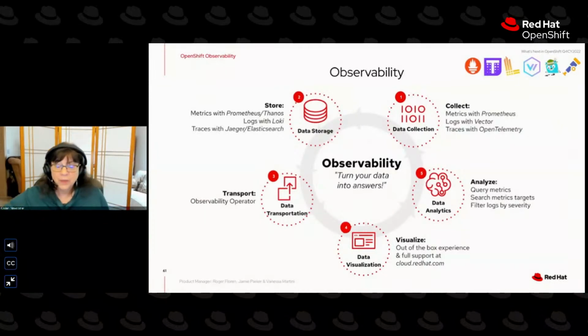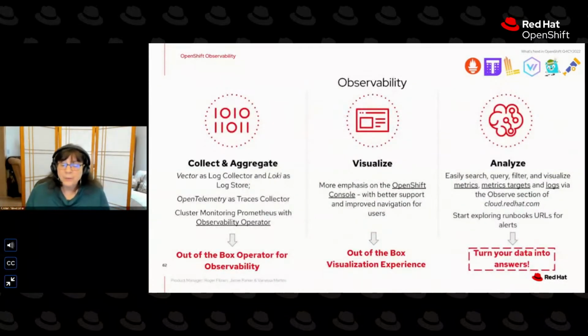With the previous slide in mind, let's take a closer look at upcoming features. We've recently introduced Vector as a log collector and Loki as log store, as well as OpenTelemetry as traces collector. This is currently in tech preview.